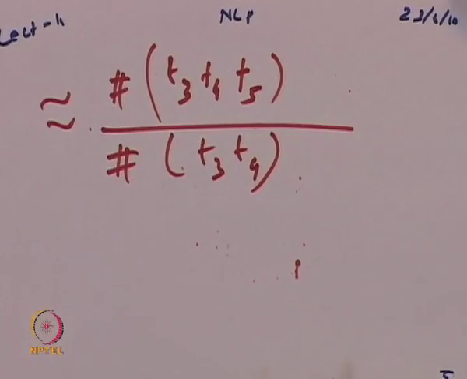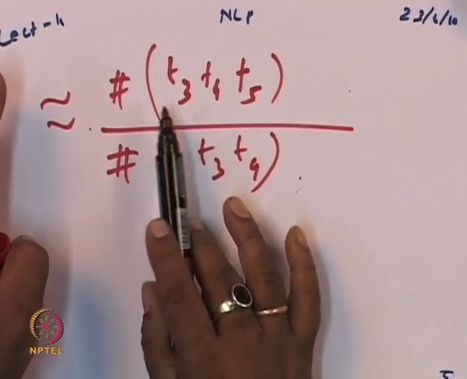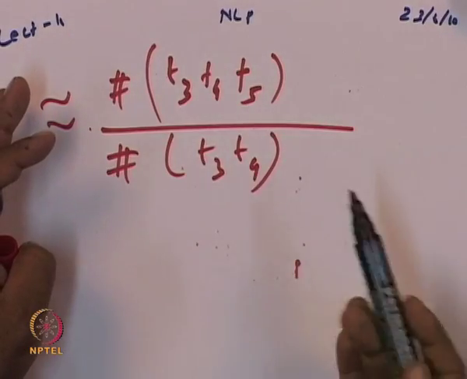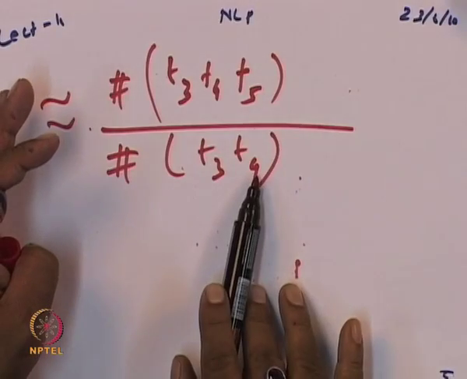All right. So, this whole sequence t_0 to t_5 divided by t_0 to t_4 is approximated as t_3 to t_5 and t_3 to t_4.